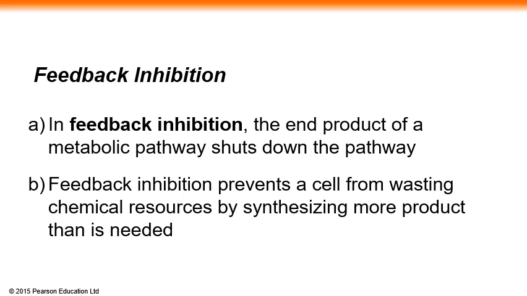We call that feedback inhibition. In feedback inhibition, the end product of a metabolic pathway shuts down the pathway. So feedback inhibition prevents a cell from wasting chemical resources by synthesizing more product than is needed.